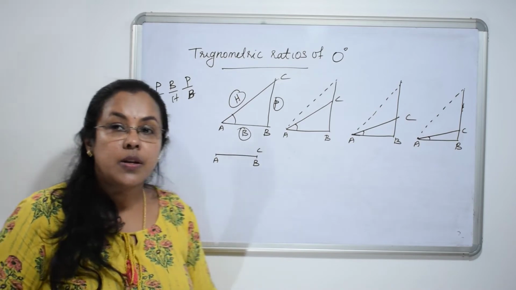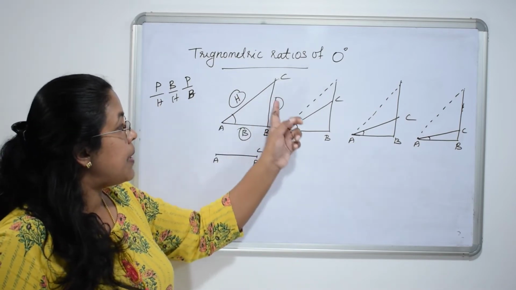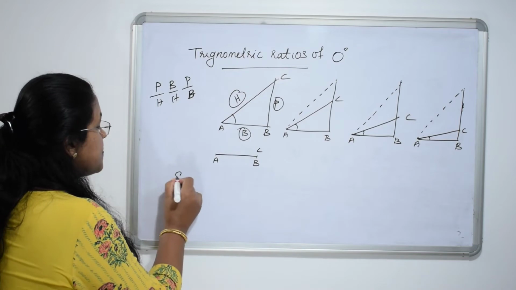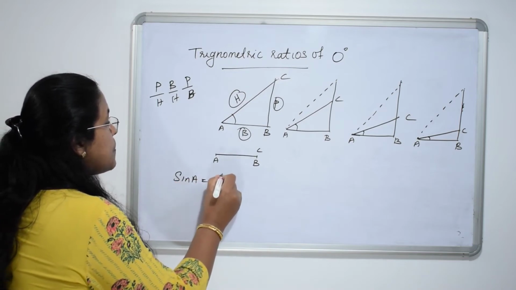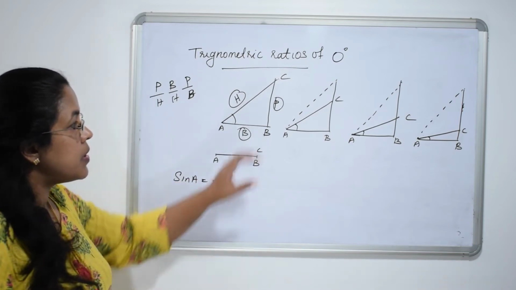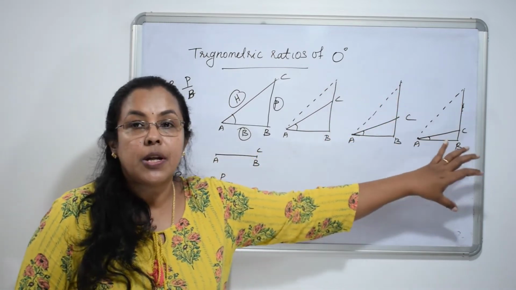Then what is sine A? Sine A is perpendicular by hypotenuse. What happens to the perpendicular?